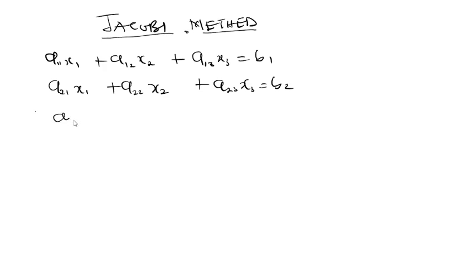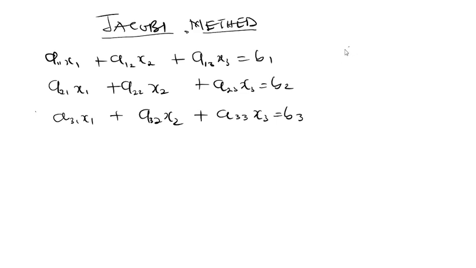Then a31x1 plus a32x2 plus a33x3 equal to b3. So this is a system of linear equations, and we are going to make use of an iterative method for solving it. One of the methods is the Jacobi method that I mentioned earlier, so this is our focus for today.